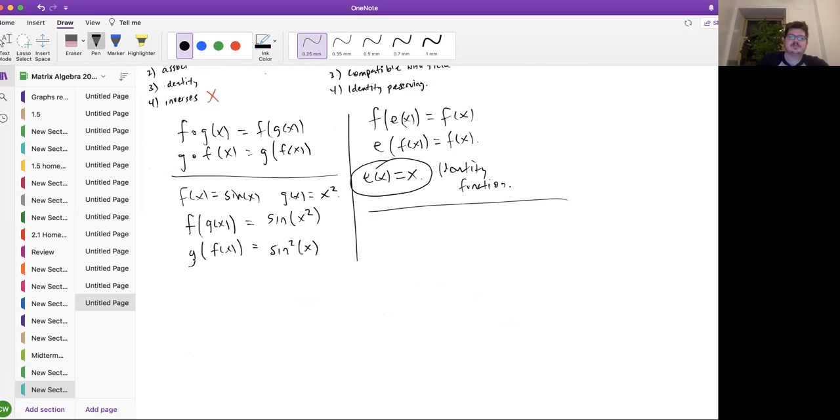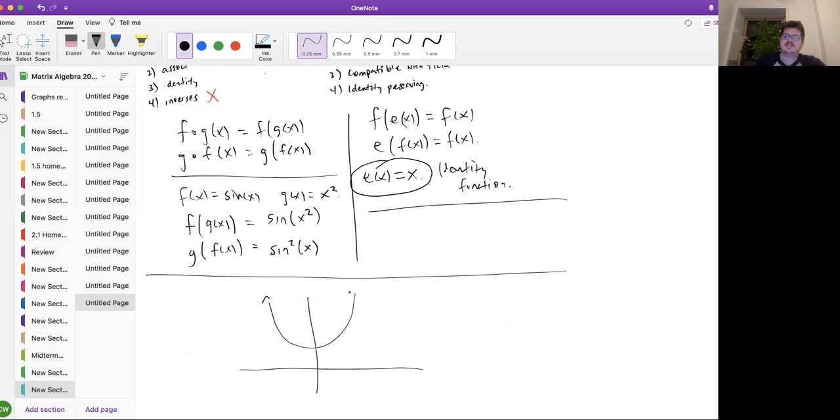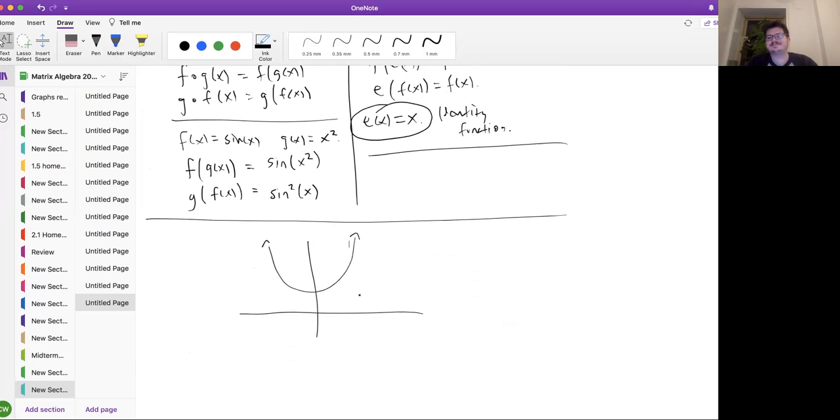How about if I drew a picture? Could you tell if this has an inverse or not? Inverse meaning, can I compose this picture that I drew with another function that gives me the identity back?